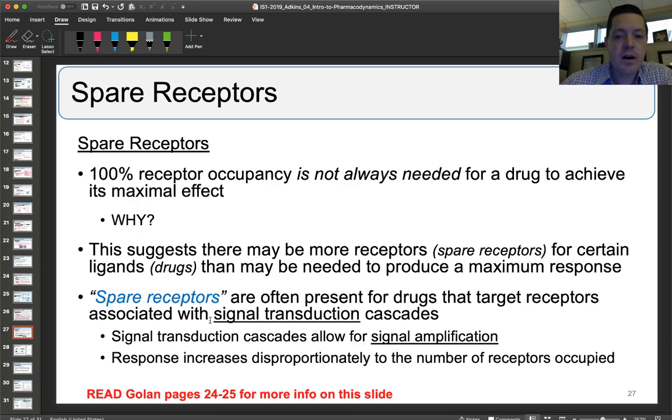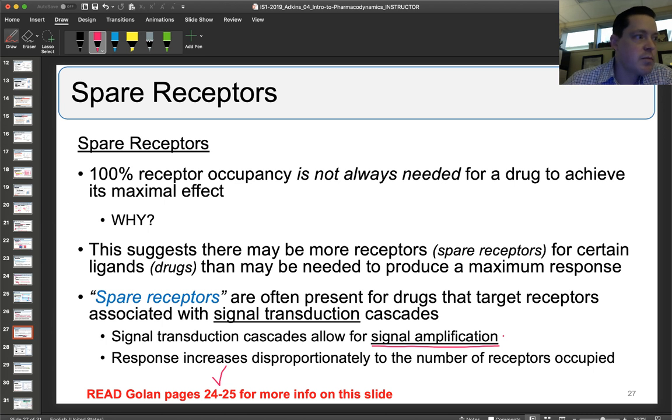Okay, we've talked about spare receptors. I'm not going to go into this slide too much because we've already talked about it. Definitely read pages 24 and 25. Pay close attention to the fact that spare receptors allow for full efficacy for a particular receptor system, and it does this because of signal amplification.